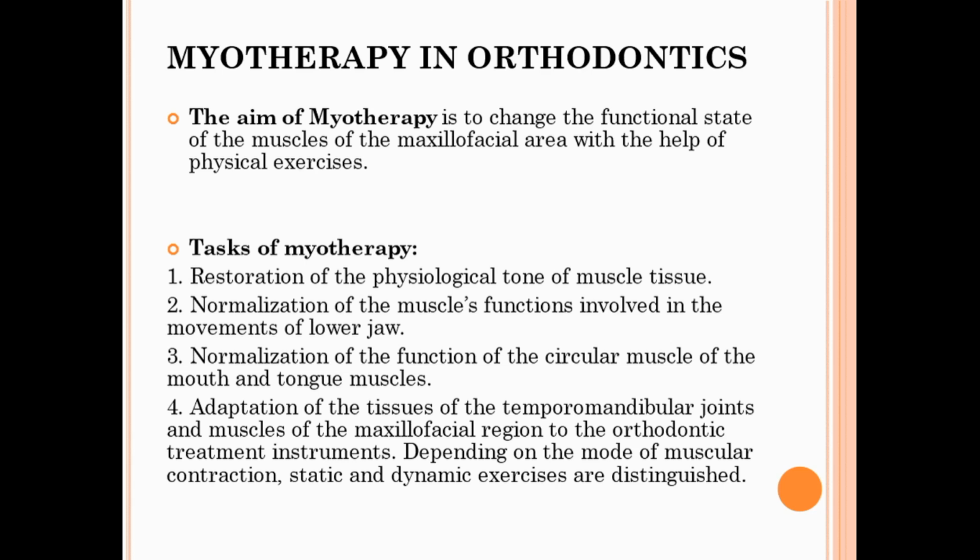The starting position for performing static and dynamic exercises is standing or sitting on a chair in a state of correct posture. A head and body are kept straight, a chest is deployed.